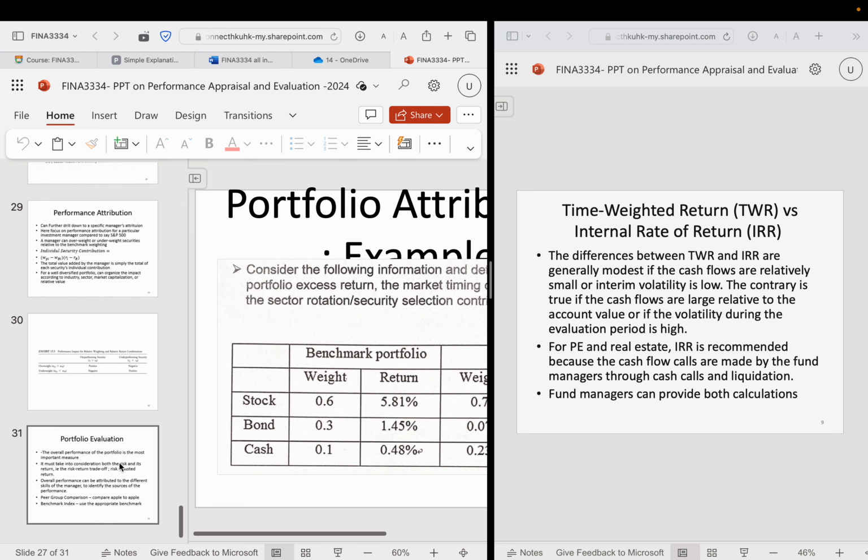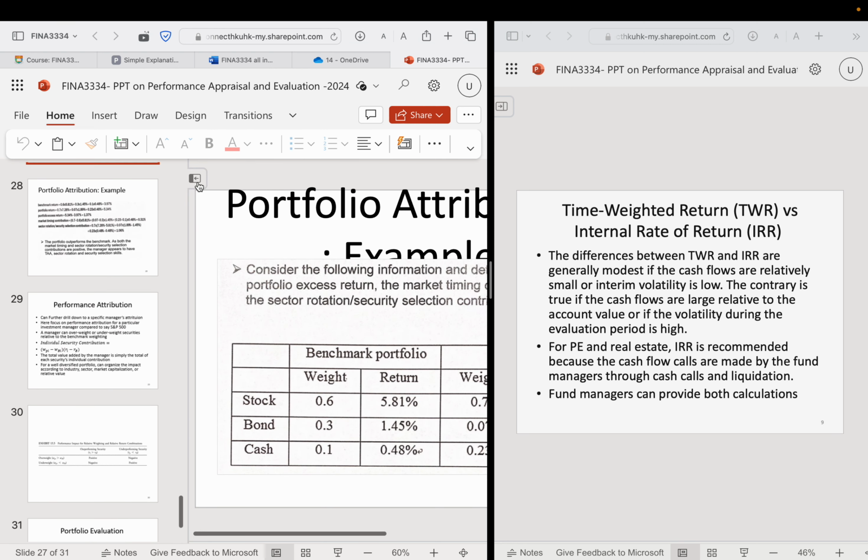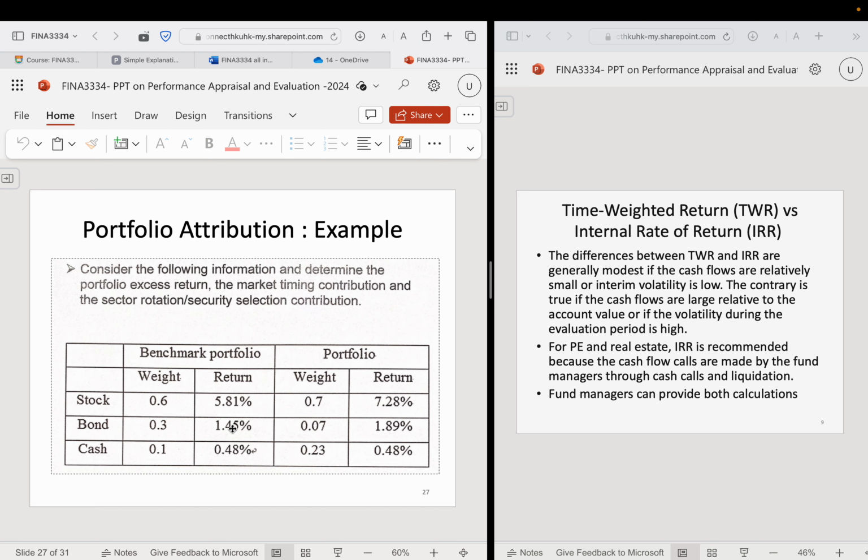Because I underweight equity, my return will be contributed more by asset allocation than security selection. So in the end of the day, you still outperform, but the magnitude is a bit different.